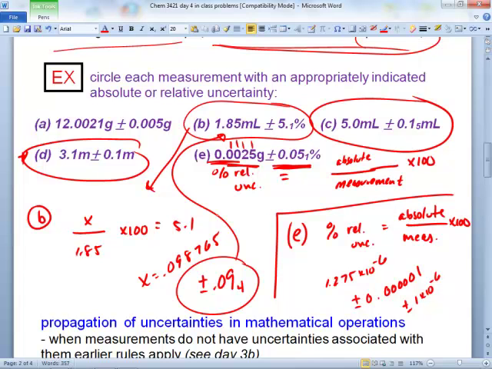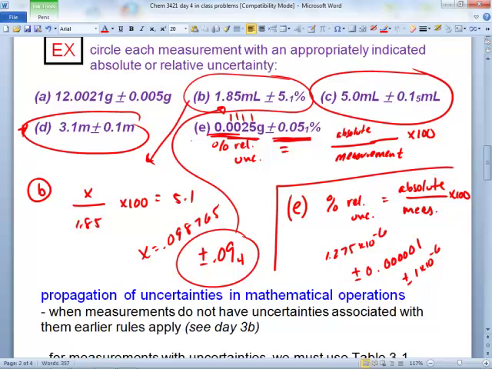Okay. This is what I would, in light of what the book is trying to do, well, I should write my plus or minus. That might be a good idea. Plus or minus 0.1. Don't write a 0 after it. That works.